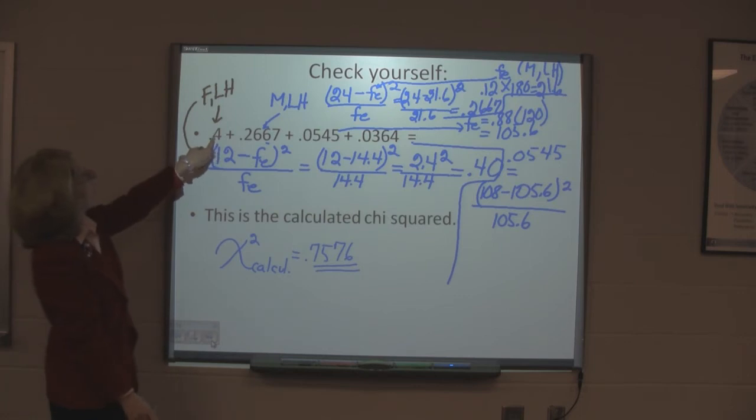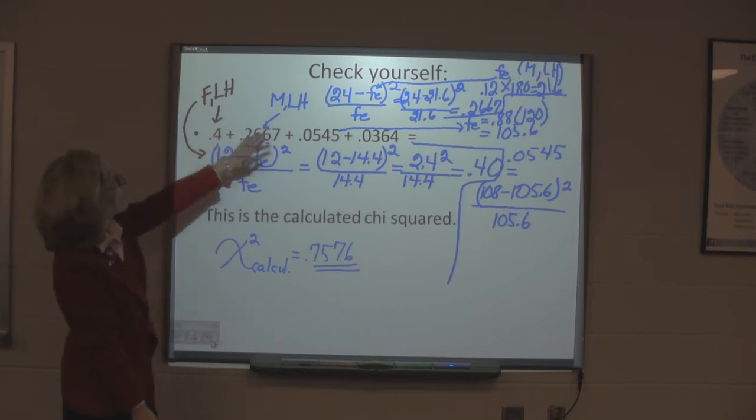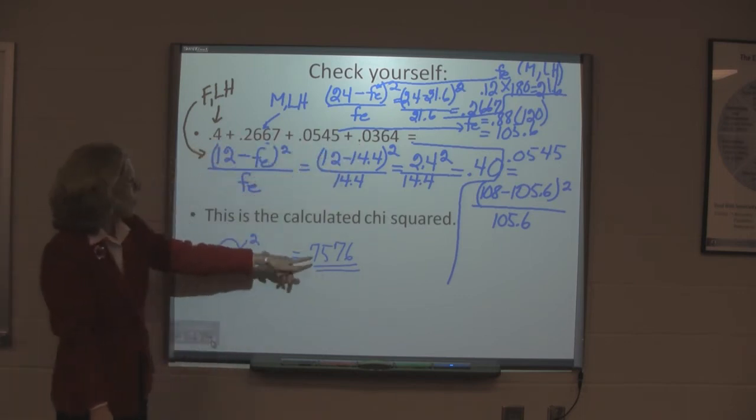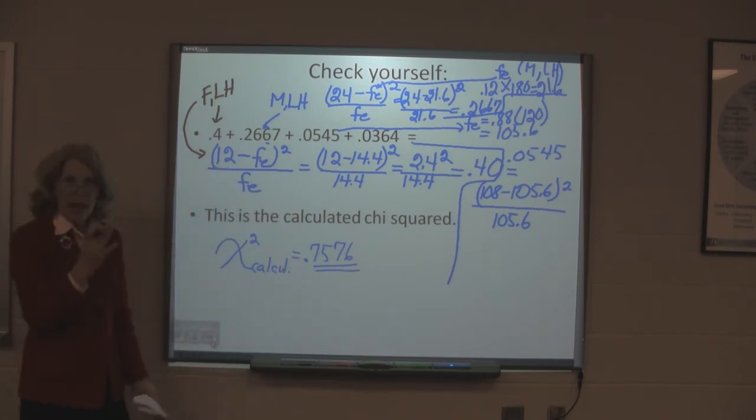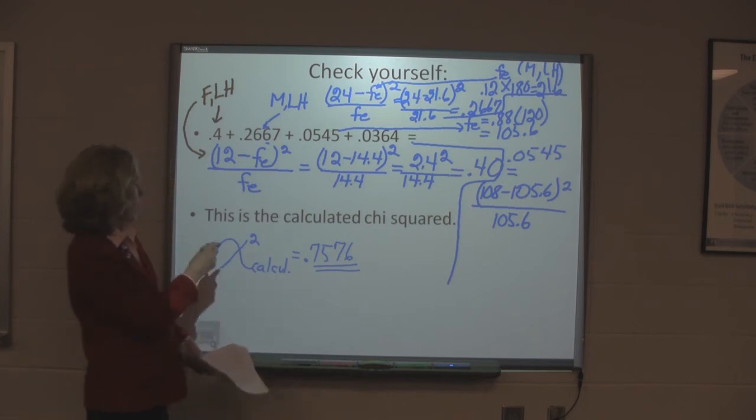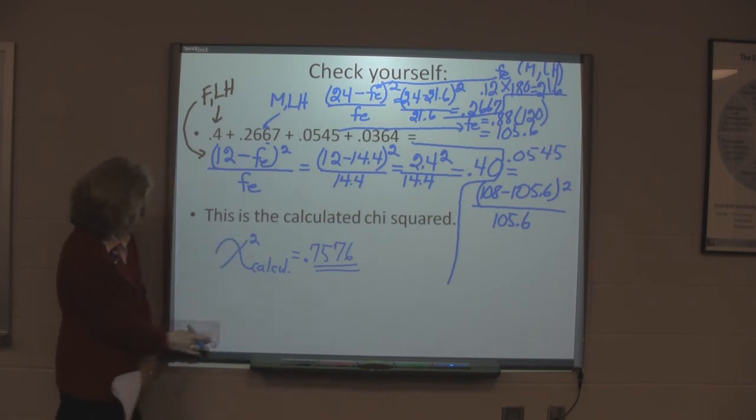You could see 0.4 plus about 0.3, and then these are very small, so 0.7576. The calculated value of chi-square is 0.7576.